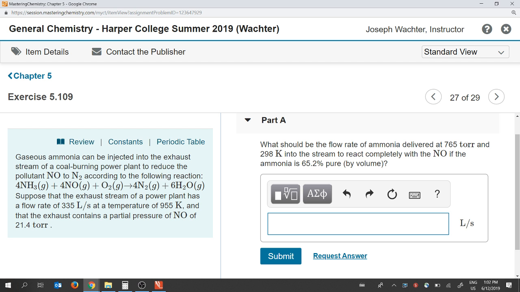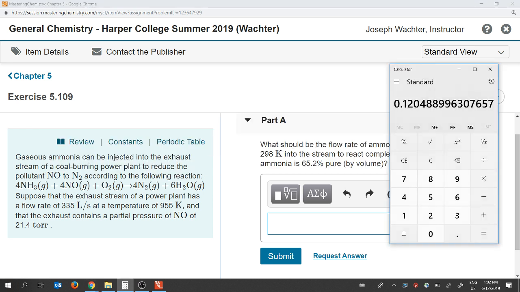So we have to multiply that by 100 over 65.2, because it's only 65.2% pure, so we need an extra amount to account for that. Right.